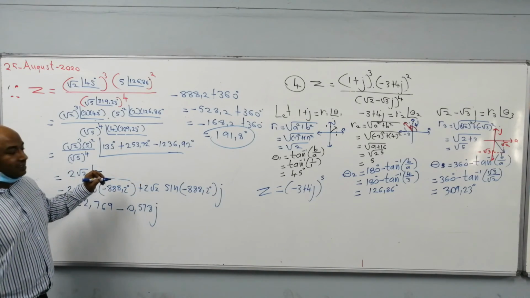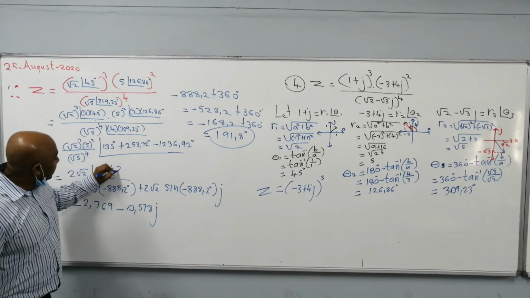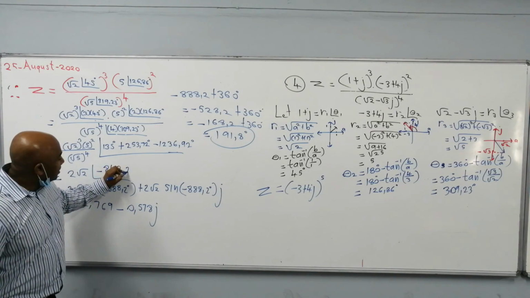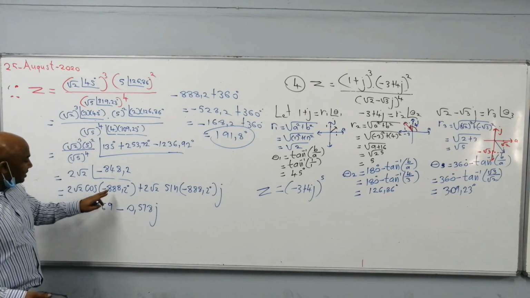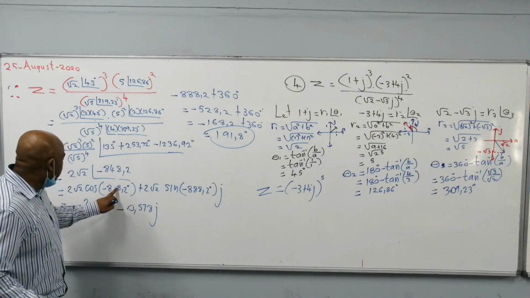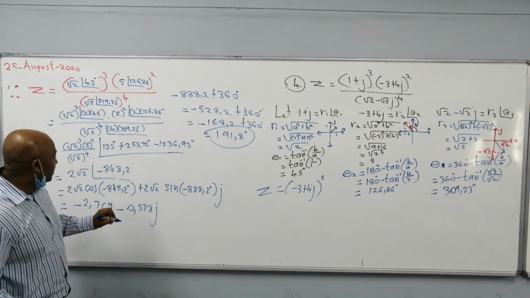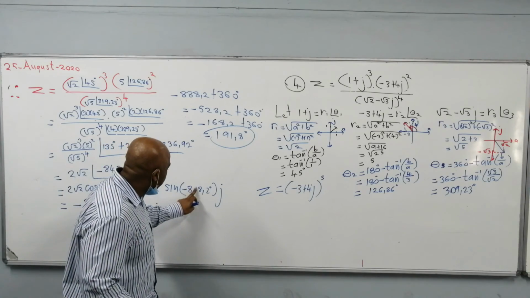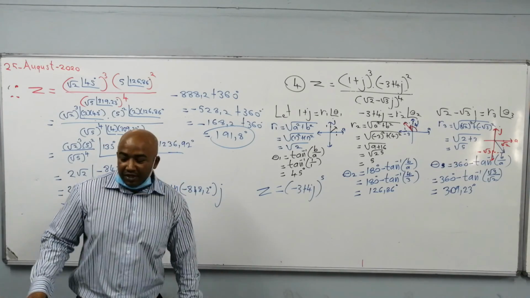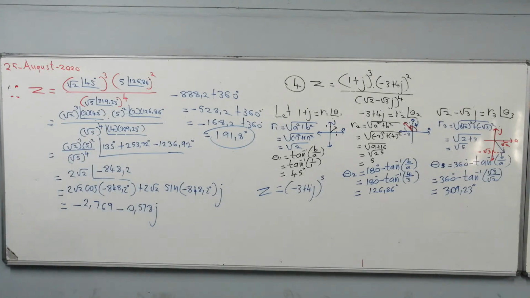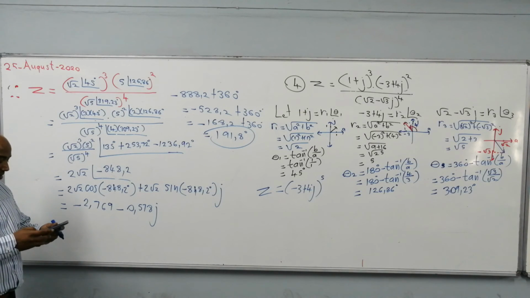Minus 848.2. So that's minus 848.2 here. Let's do this on the calculator now. You can double check. Let's see if we get the correct answer. There's no other mistake here now.